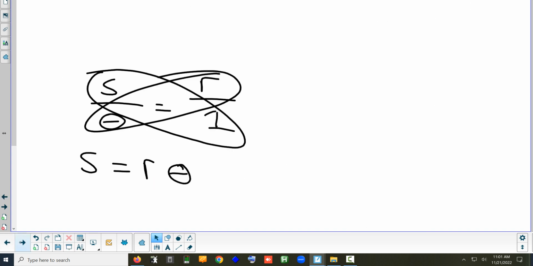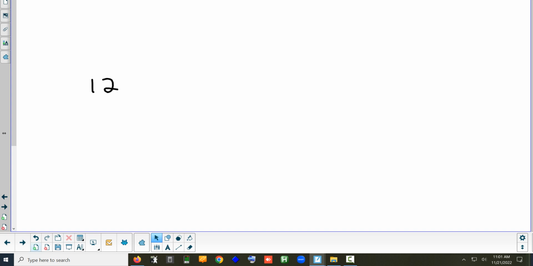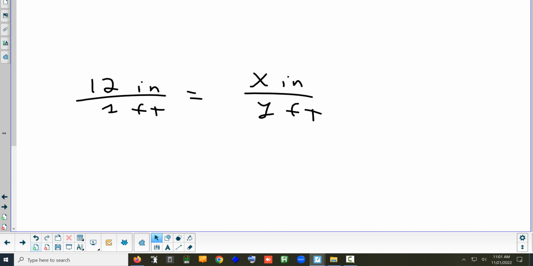And I could have done the same thing with the feet and inches. Like if I had 12 inches in 1 foot equals X inches in Y feet, you can cross multiply to come up with a formula.